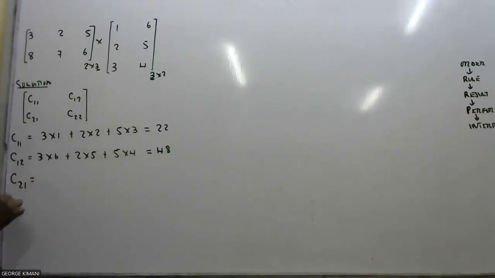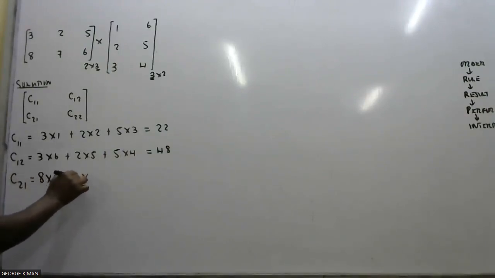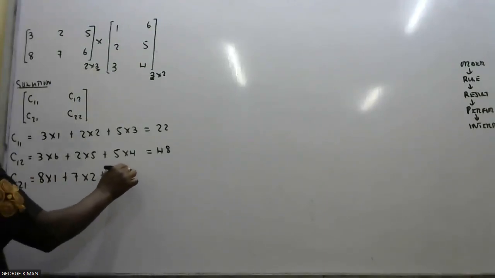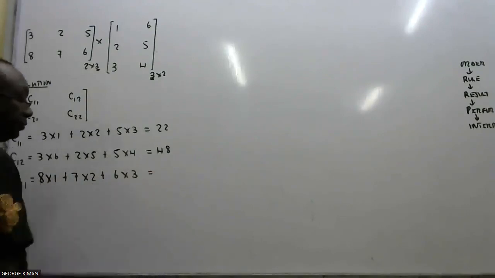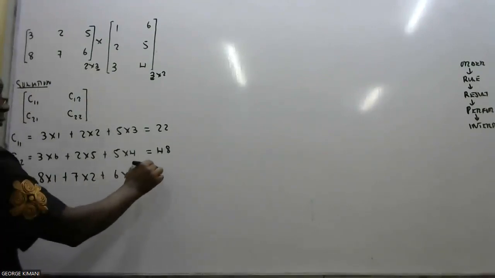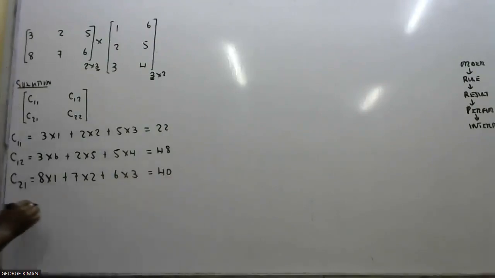C21 is 8 times 1 plus 7 times 2 plus 6 times 3. 40.